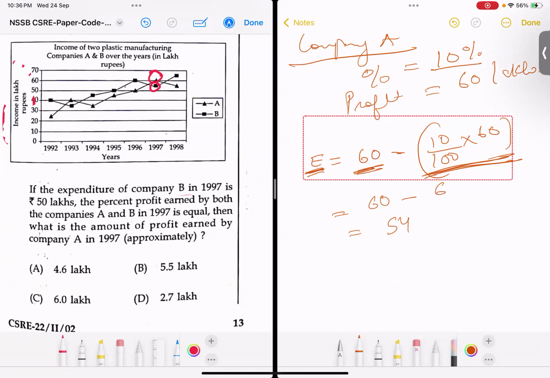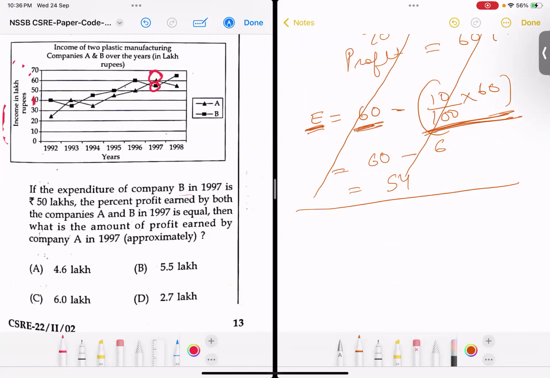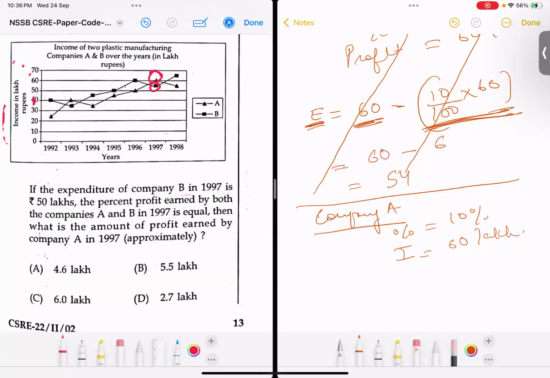Anyway, let's just remove this section. We know for company A the profit percentage is the same, 10%, and the income is 60 lakhs, as given in the graph.